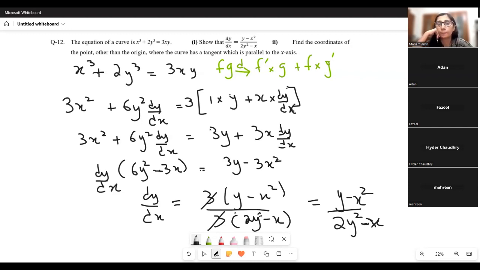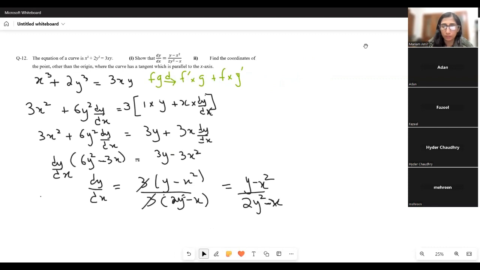All right. Part 2. Find the coordinates of the point other than the origin where the curve has a tangent which is parallel to the x-axis.